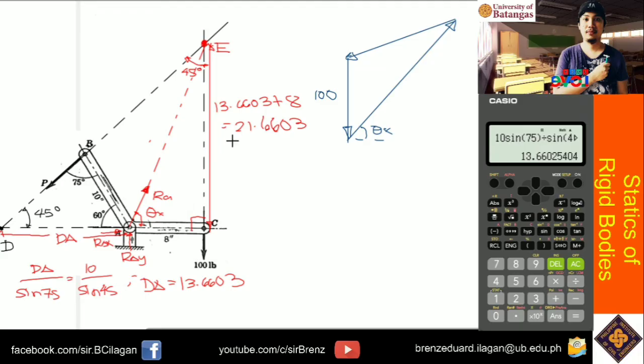Using the tangent law or tangent of theta x is equals to 21.6603 over 8. So, theta x equals to arctangent of 21.6603 divided by 8. So, that is 69.7288.